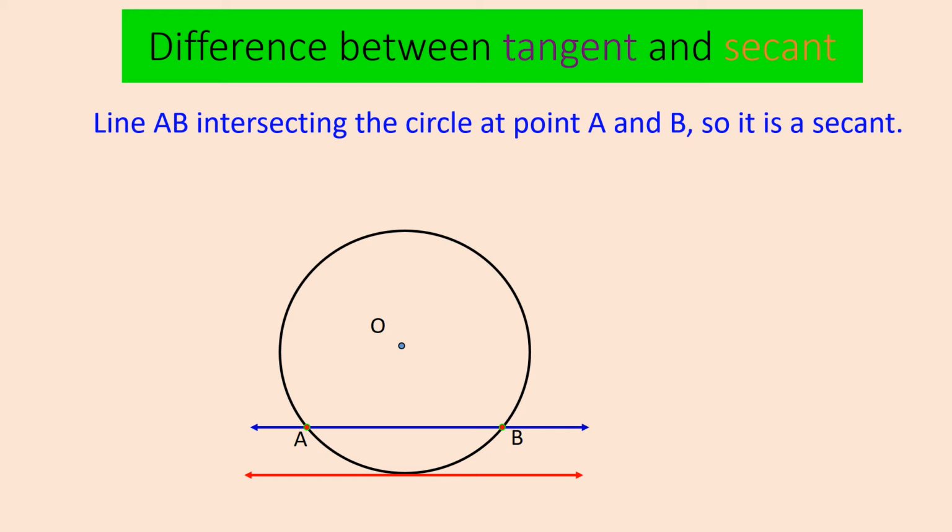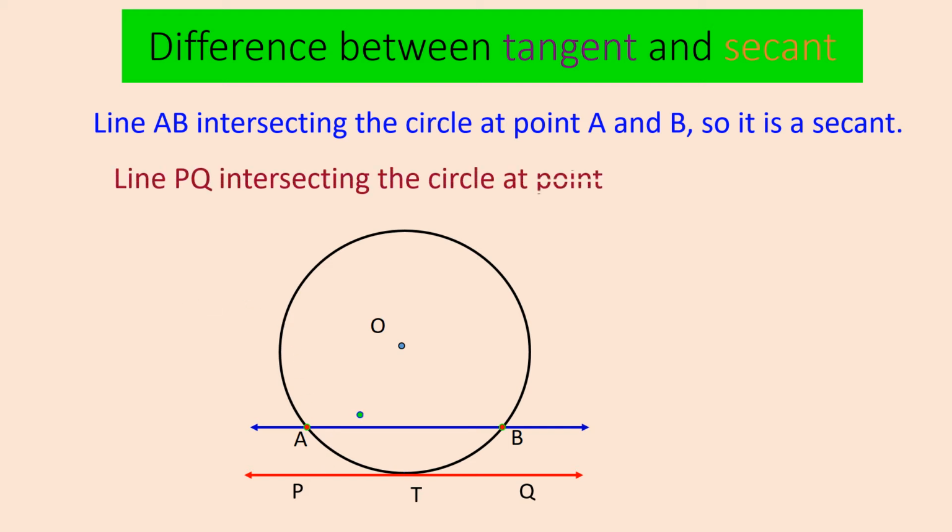Now let us see a line PQ which has 1 point in common with the circle, at T. So what do we call it? See here, when the line intersects the circle at point T only, it is called a tangent.